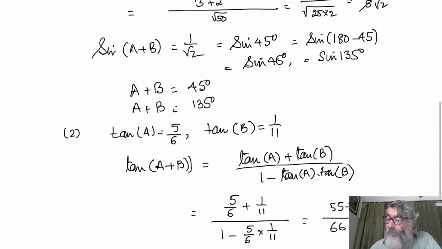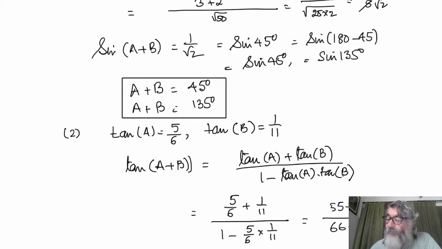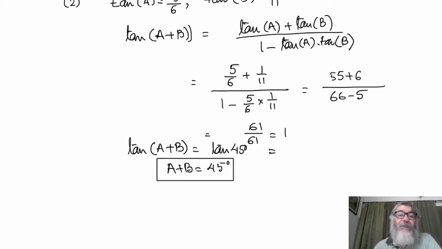So in the first question there were two possibilities, 45 and 135, and here the possibility is only one, that is 45, because in the second quadrant, tan 135 will become minus 1, and that is why we cannot take that possibility. Is that clear? Okay, let's pick up the next sum.